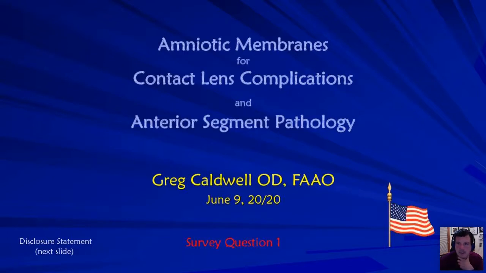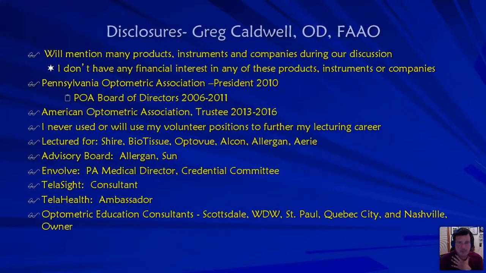All right, I'll end the poll. And I think the answers were being shown. So let's jump into my slides. Every time we do a presentation, we have to go over disclosures. The only one I really want to make sure I disclose is that I have spoken for BioTissue. I have no financial responsibility with BioTissue. When I do speak for them, I do receive an honorarium.